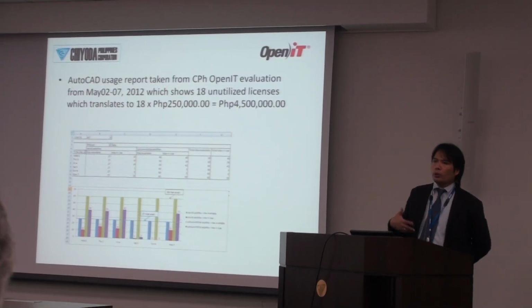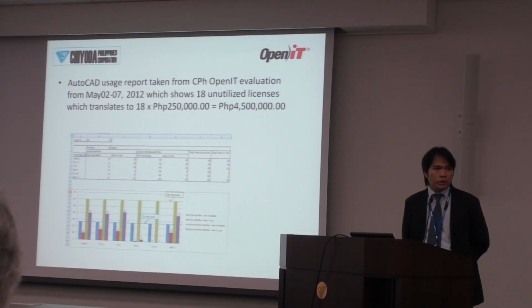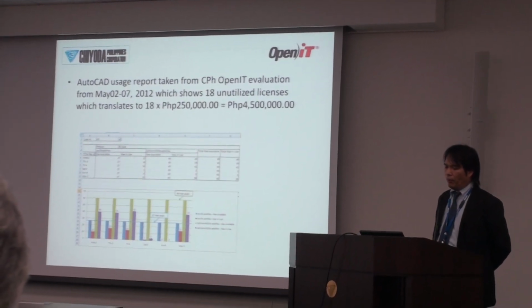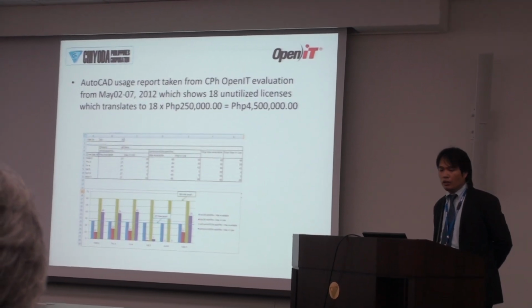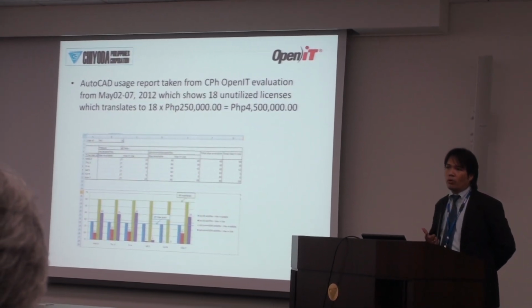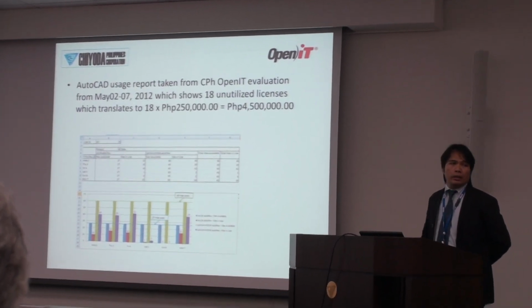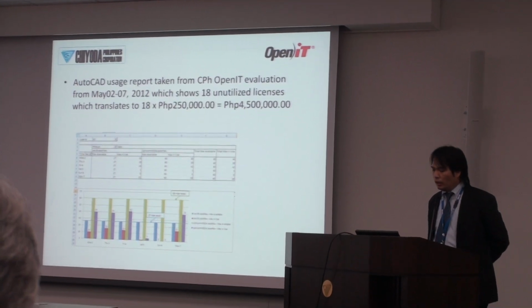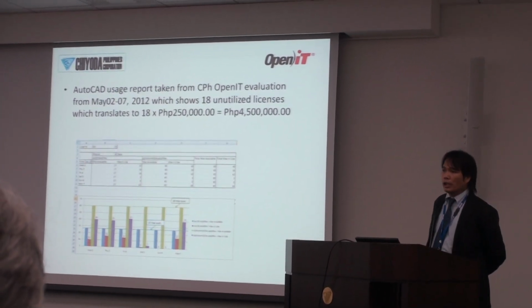If we put it from a management point of view on how to save cost, for example, 18 unutilized licenses. Each license costs us 250,000 pesos. If you convert it into yen, that's 500,000 yen times the unutilized licenses.